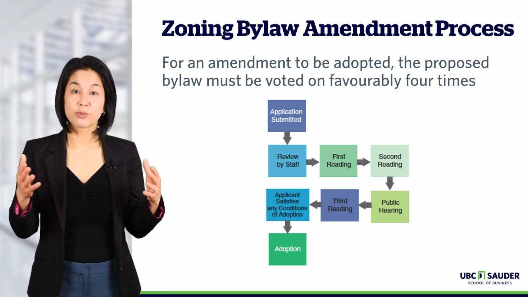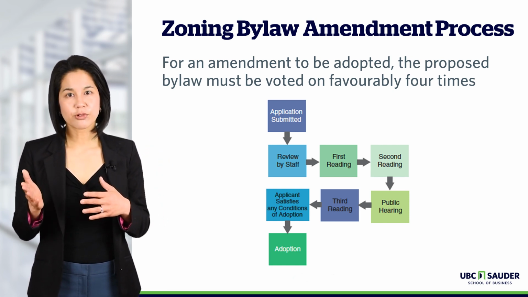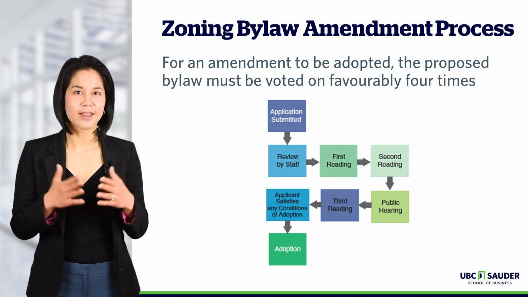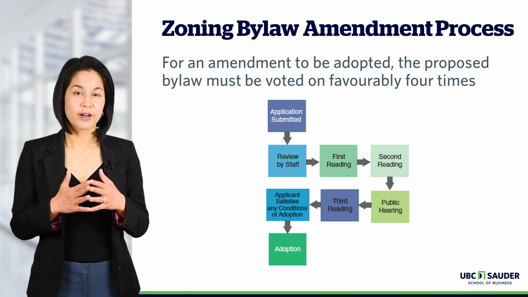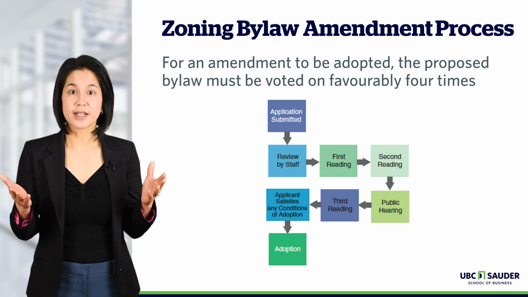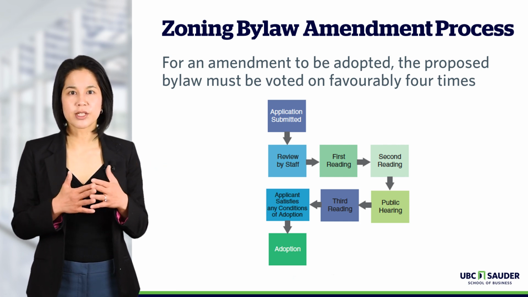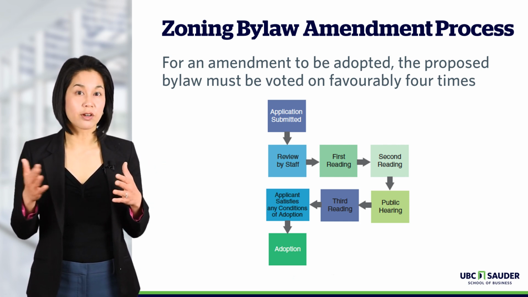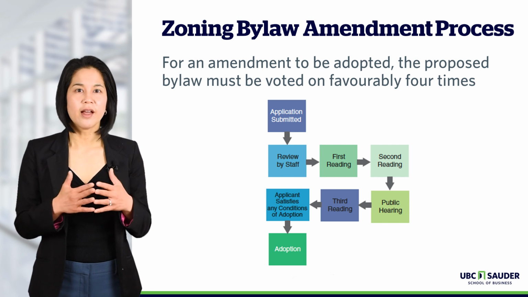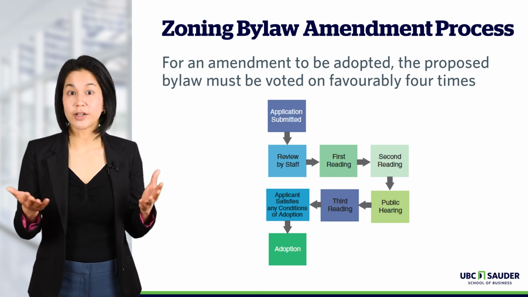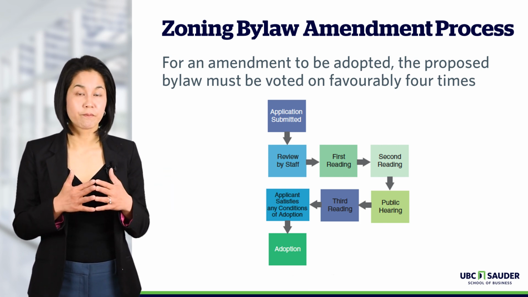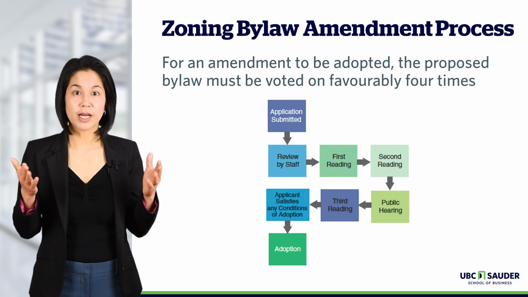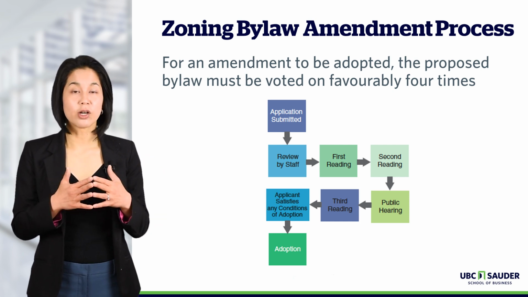If the vote continues to be in favor of the proposal, a number of requirements will be imposed on the applicant at this stage. Finally, after the developer has either complied with all of these requirements or posted security with the local government to ensure that they will comply, the council or board gives the bylaw its 4th and final reading. If the resolution passes the 4th reading, the amending bylaw is adopted.